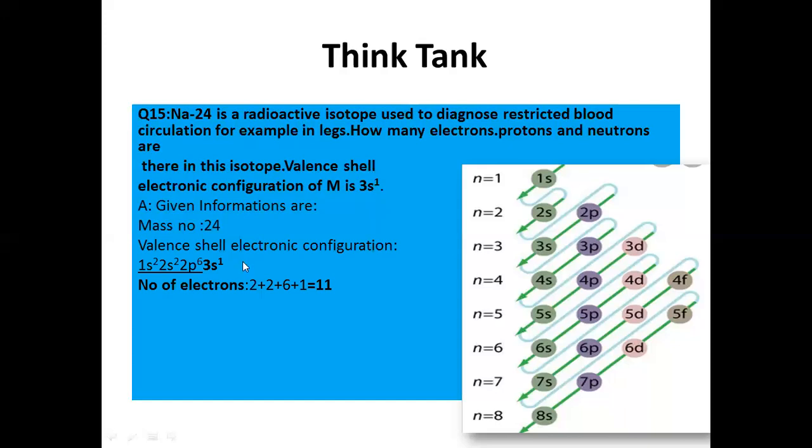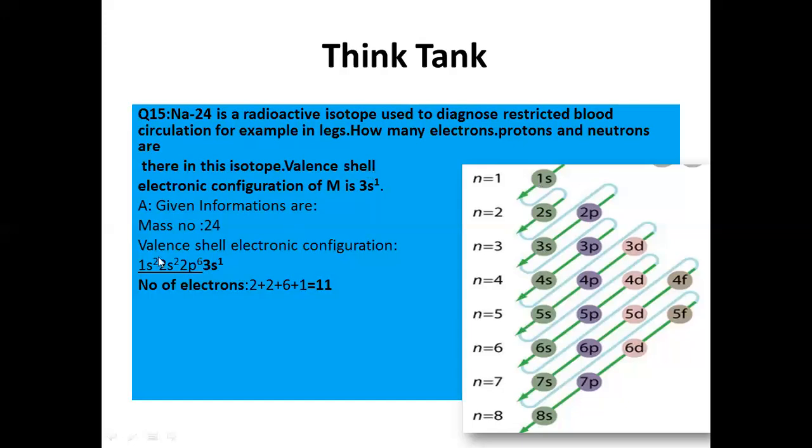So we have to write the electronic configuration of the inner shells also, because this is the third shell. So we have to write the second shell as well as the first shell, and then we will put electrons in them. First we will reach till 3s. Before 3s it starts from 1s2, then 2s2, then 2p6, and the last one will be 3s1. 3s1 we write because it is mentioned in the question.